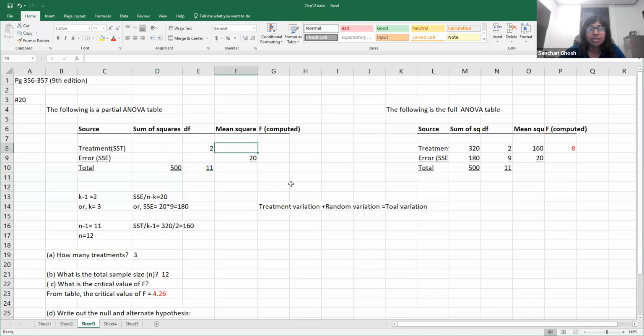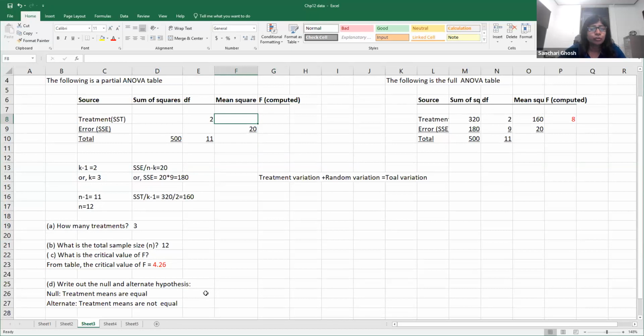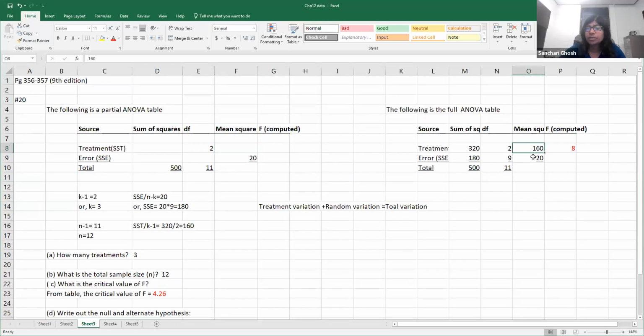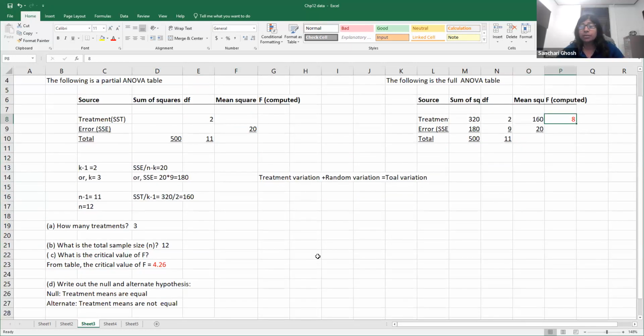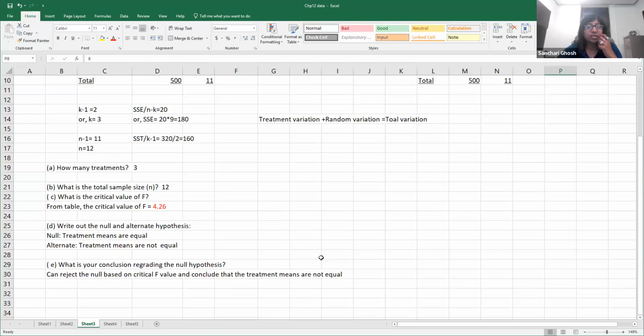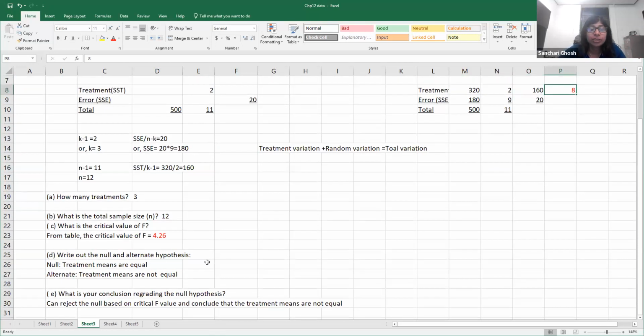You get this. And F computed is just 160 over 20. That's the numbers we get here. 160 over 20. This is the full ANOVA table, and F computed is 4, whereas the critical value of F is 4.26. So if you have to do any hypothesis testing like before, you just reject the null hypothesis.